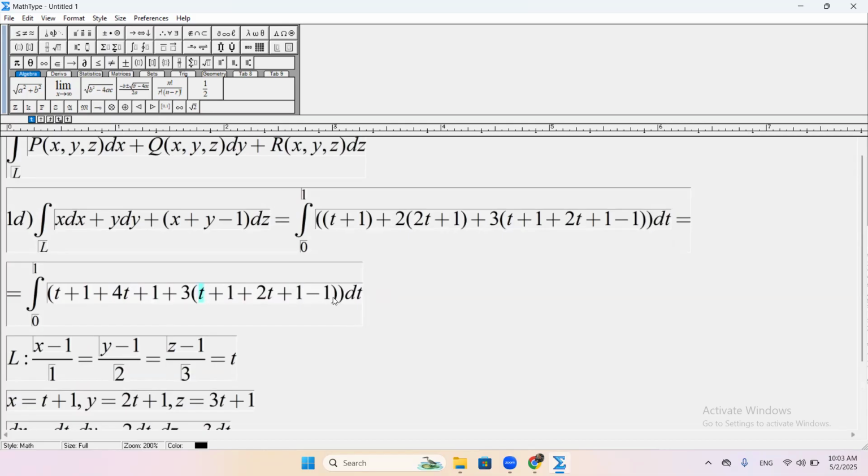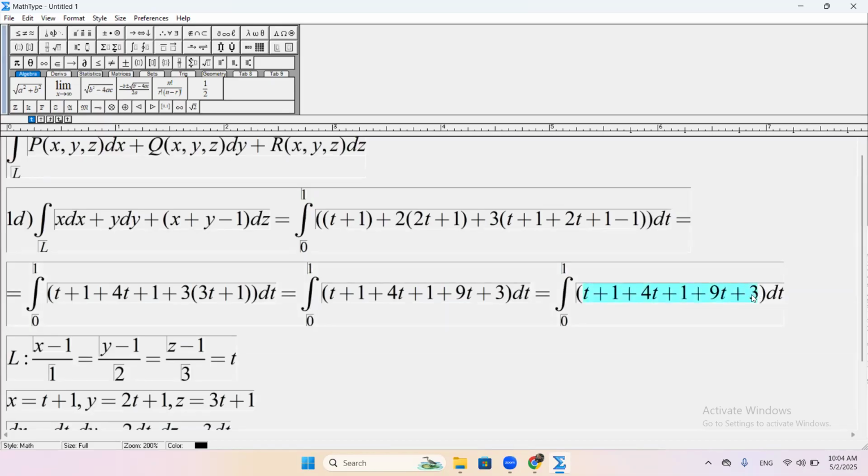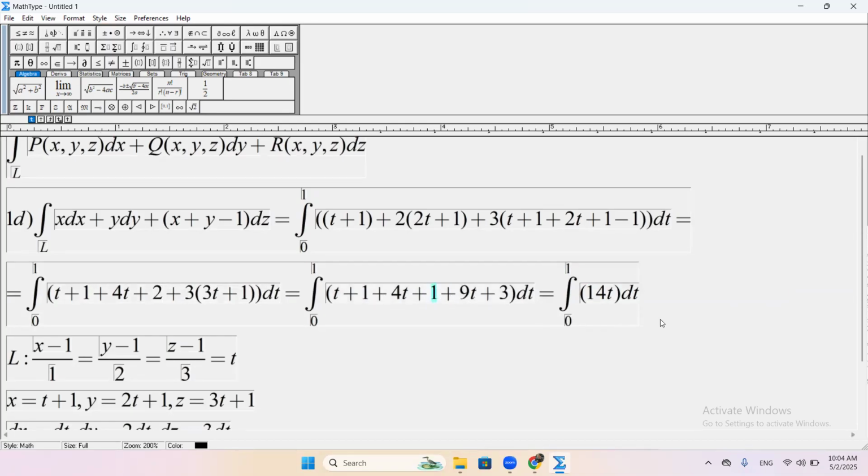And here, let's first of all calculate this expression in these brackets. So 3t plus 1, so plus 9t plus 3. So 14t, and plus 6.